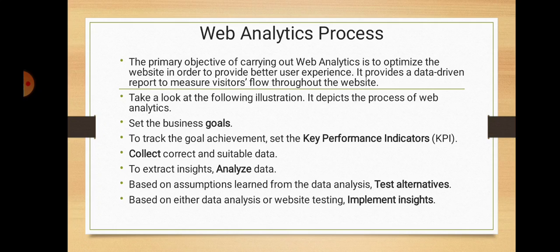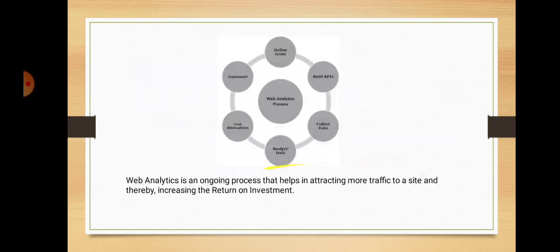First, set the business goals, then track the goal achievement and set the key performance indicators, that means KPI. Then collect correct and suitable data to extract insight, then analyze the data. Then based on assumptions, learn from the data analysis, that is test alternatives. Then based on either data analysis or website testing, implement insight.